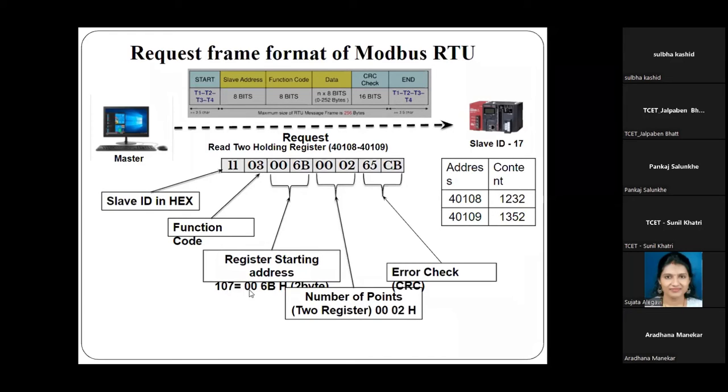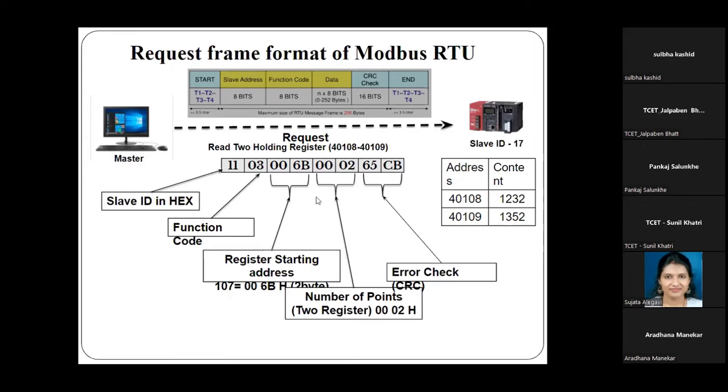So 107, its hex is nothing but 006B. So the master wants to read these two registers, which have starting addresses 108 and 109. These two addresses it wants to read from this slave. Whatever data is in the two registers, the master wants that data. So it sends that request 00 and 6B to the slave.